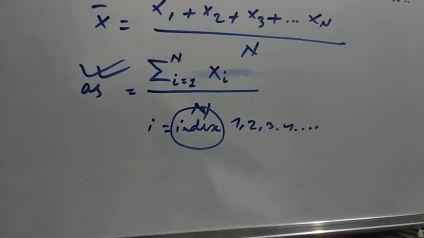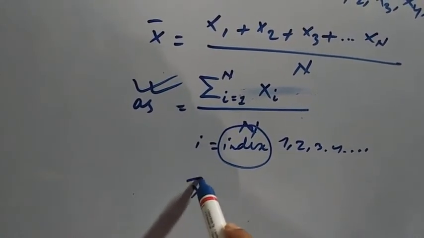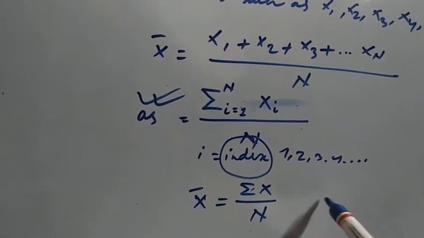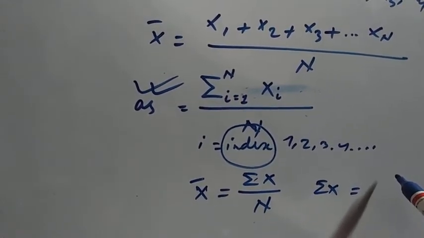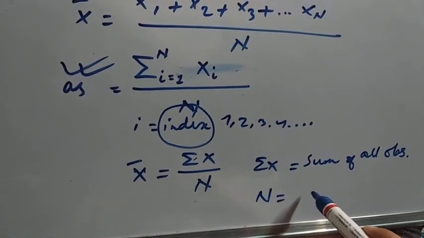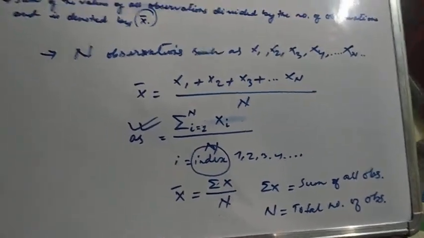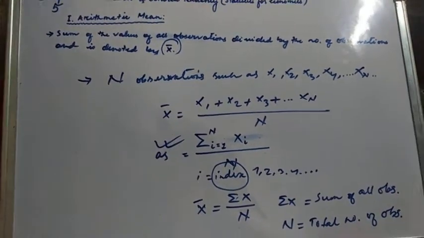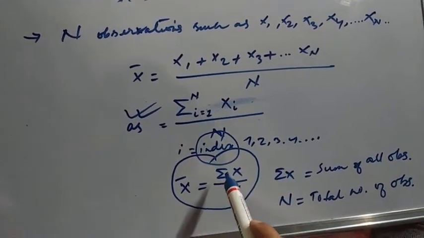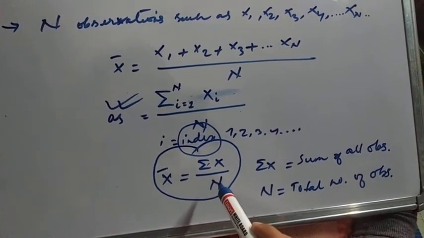We remove the index, and the simpler form for arithmetic mean can be summarized as summation x divided by n, where summation x is the sum of all observations and n is the total number of observations.